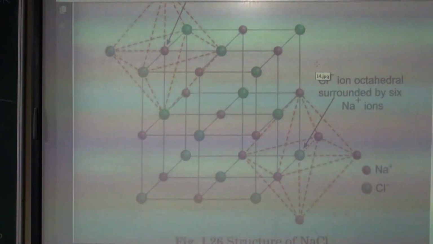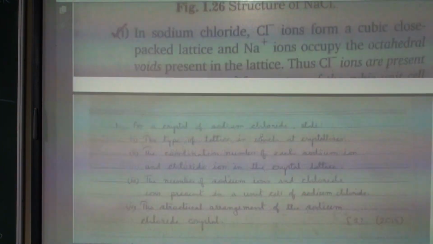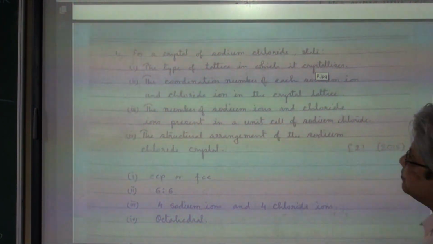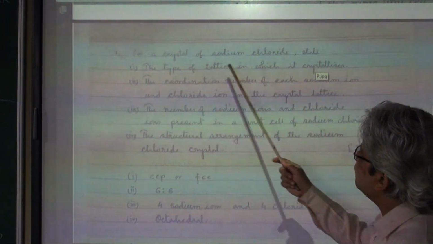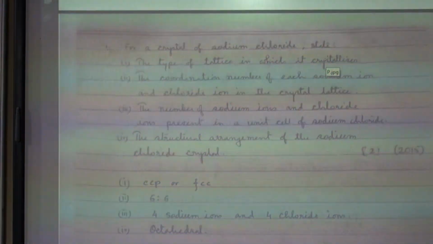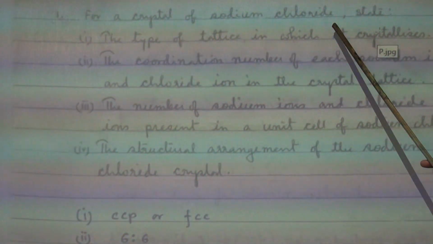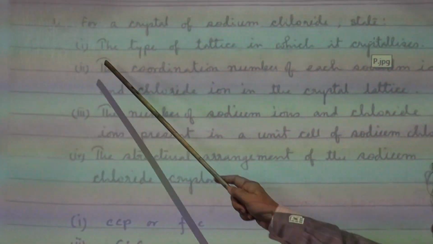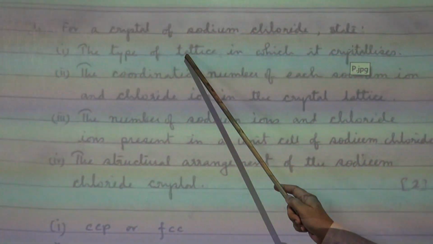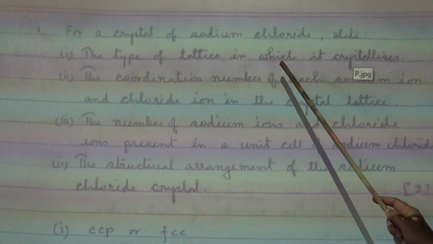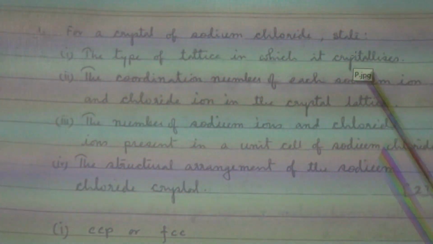See this. From this portion, this type of question we normally get. What is the question? For a crystal of sodium chloride, state: number 1, the type of lattice in which it crystallizes.